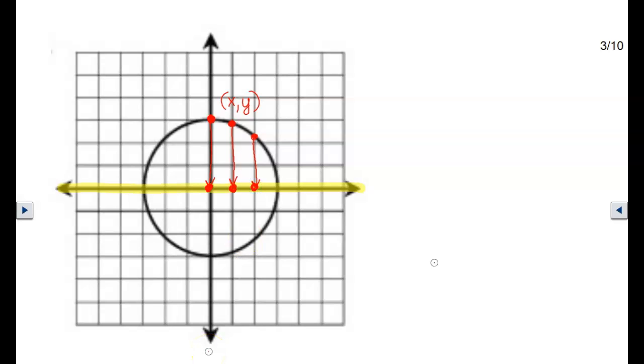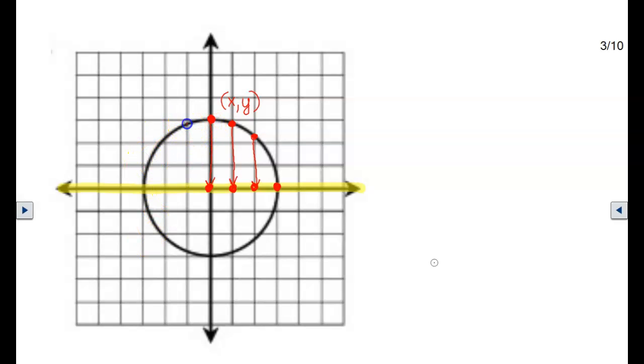So 2 is in the domain for this graph. If I move over here and pick this point, you'll notice that I don't have to trace that point back to the x-axis because it's already on there. So the number 3 would be in the domain for this graph.